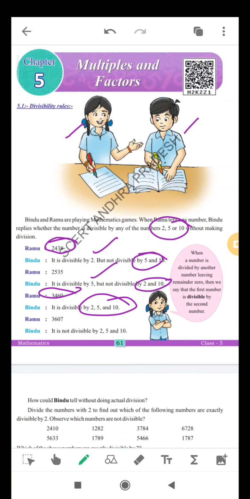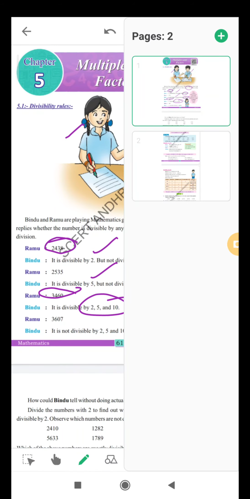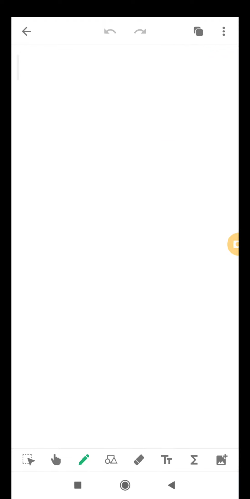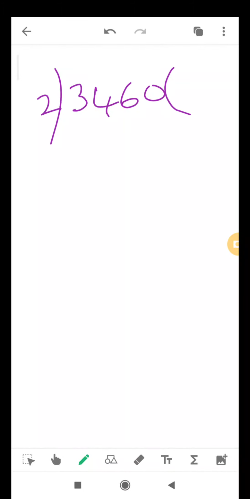You can cross check also by doing this. Okay, shall we do this thing? Okay, now look here. 3460. Let us check with 2. 2 ones are 2, right? 1. 4 carry. 2 sevens how much? 14.